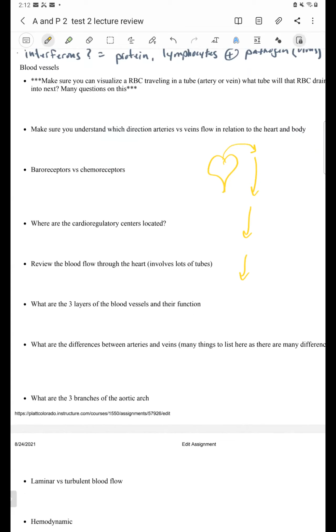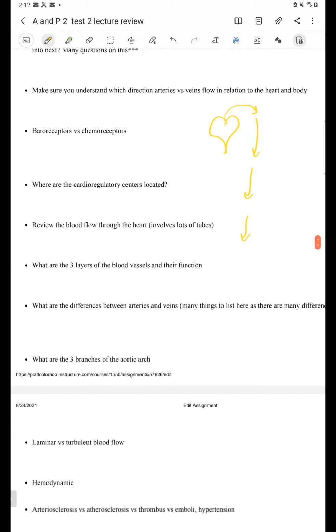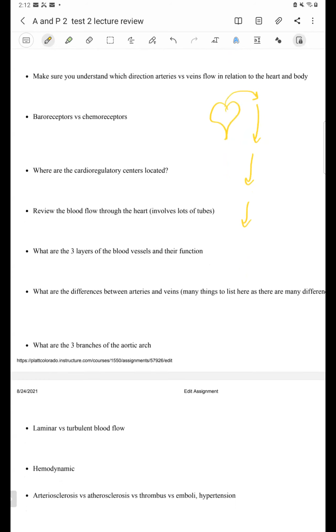Okay, pH has to do with your acidity and alkalinity. And those receptors are located in the aortic arch and the carotid sinus. Okay, and that's where the cardioregulatory centers are located. And they're also located in the brainstem.